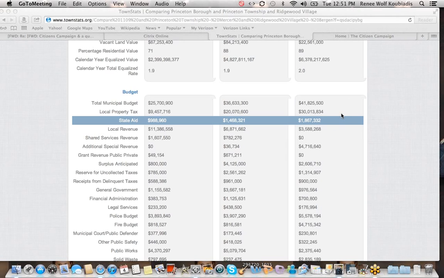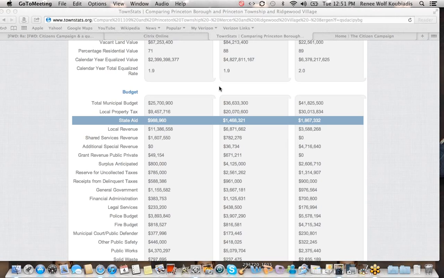How could someone use this information to identify potential waste in their town? One of the things to look at would be to compare your budgets with budgets from other towns of comparable size.